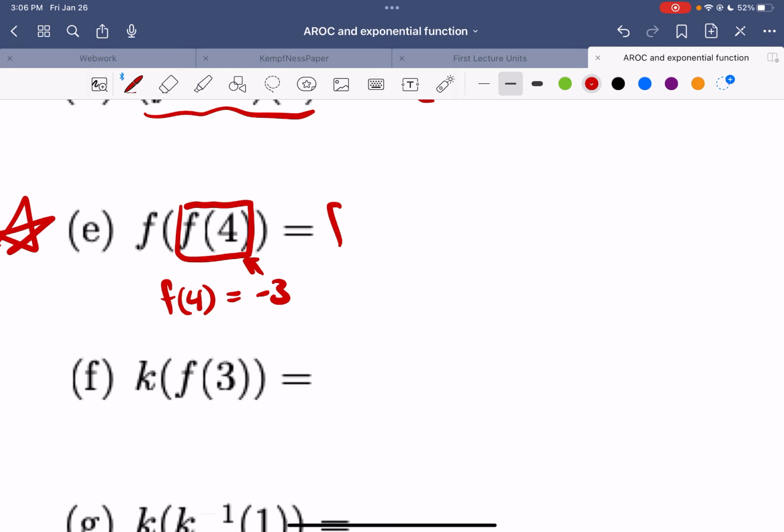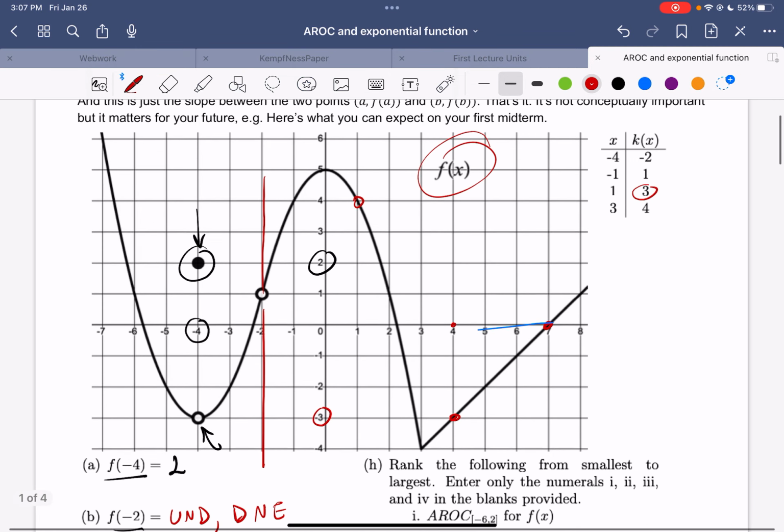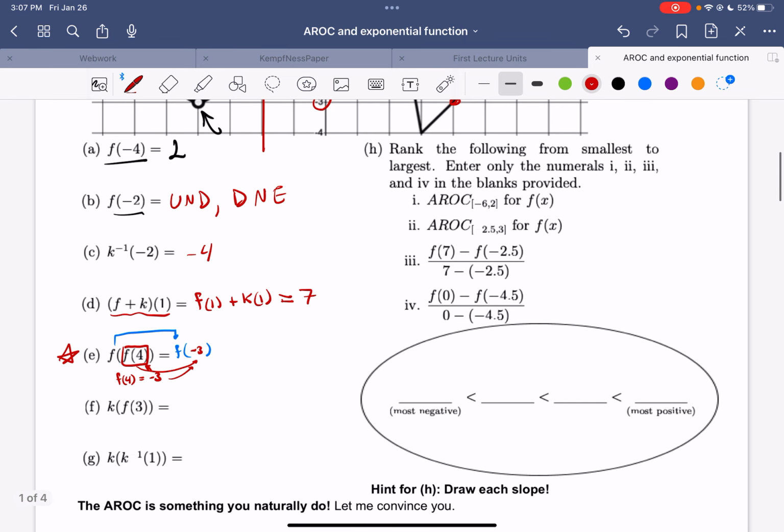So this computation is f, sorry, maybe I should have said, this f here is the f I'm going to write. And then instead of f of 4 on the inside, we put down the number that it is, negative 3. So we're really interested in f of negative 3. So I come over here, negative 3, I go and hit this, it's negative 2. Okay. So the answer is negative 2.